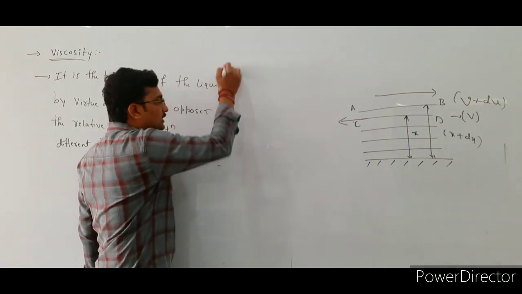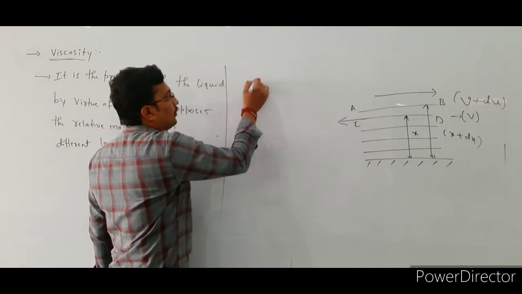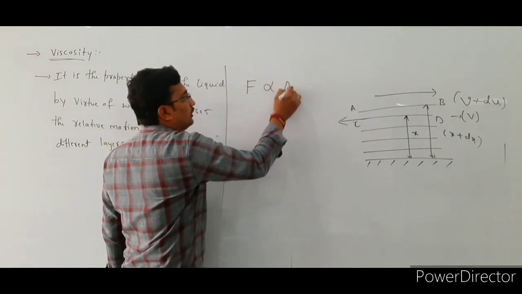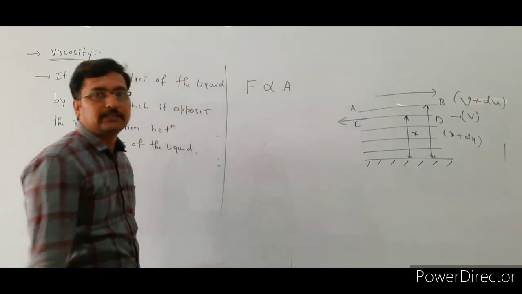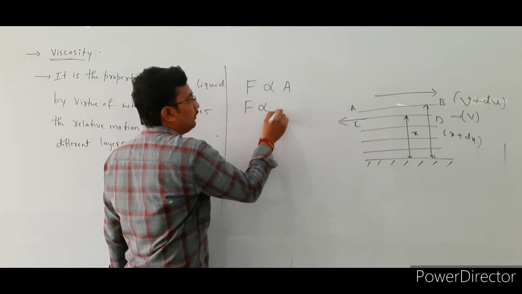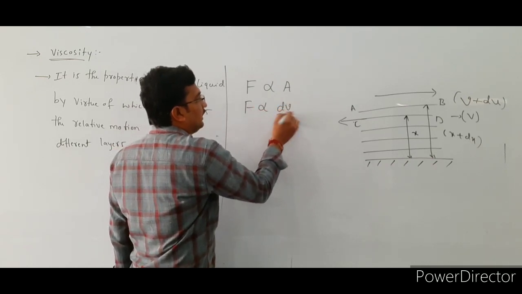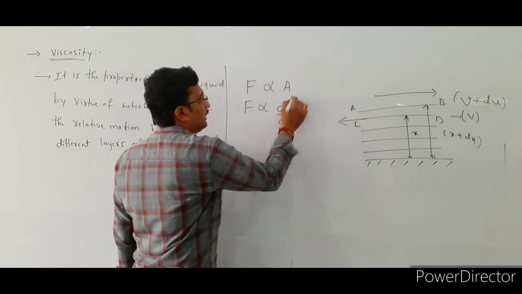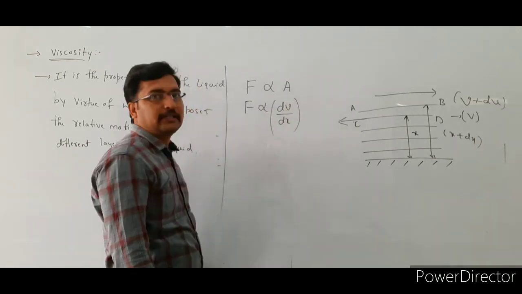See here, the viscous force is directly dependent on the area, and it is also directly dependent on the velocity gradient, that is dV by dx. So what do we mean by the velocity gradient?